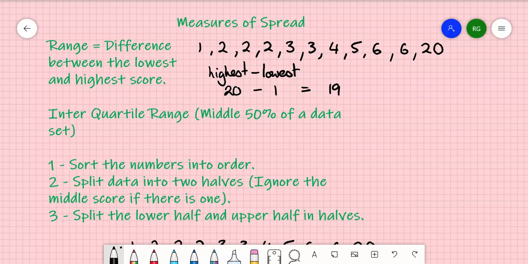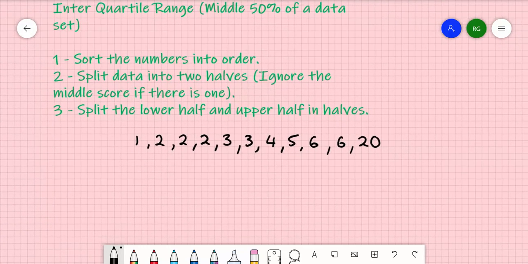The interquartile range is what is probably going to be new information to you. So the interquartile range is known as the middle 50% of a data set. If we think about the wording here, inter means inside, quartile, if you think of the word quart, it means 4.